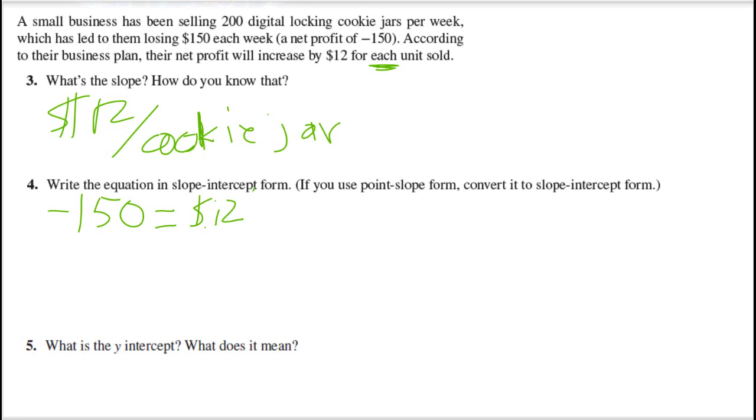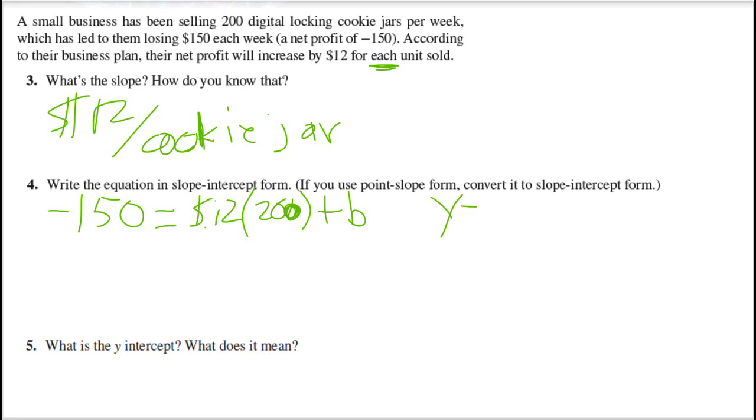So $12 times 200 cookie jars plus my y-intercept, which I represent with b. Some people say the b represents the beginning. It's where you start out when x is 0. That helps you remember the b. That's fine. Okay. We can do that and solve for b, or we can use our point slope form.